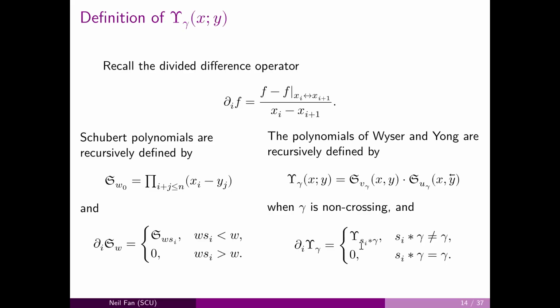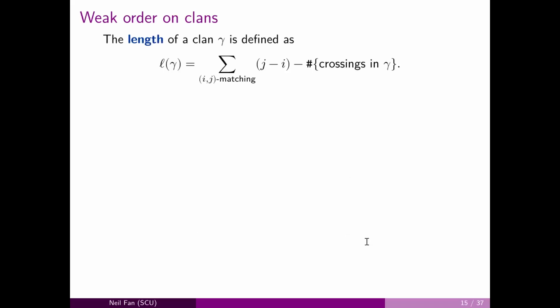So we need to explain what Si star gamma is. This essentially defines a weak order, like the weak order on permutations. So we want to define the action of Si star gamma.